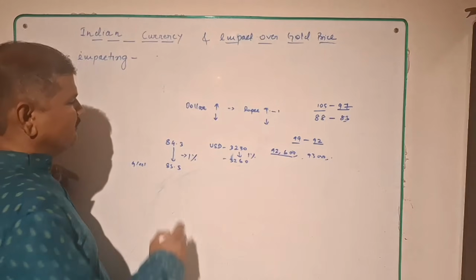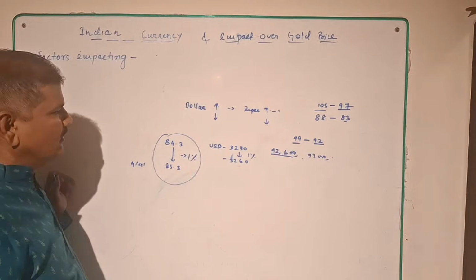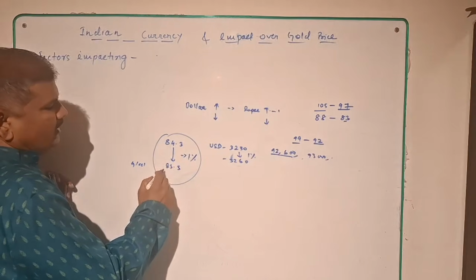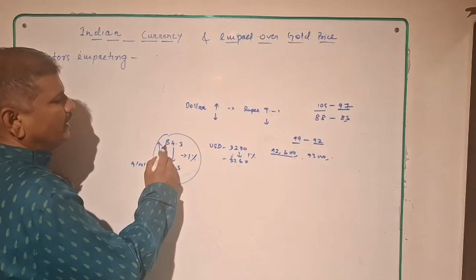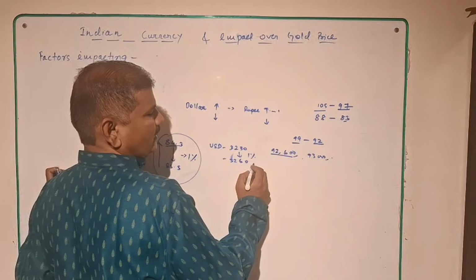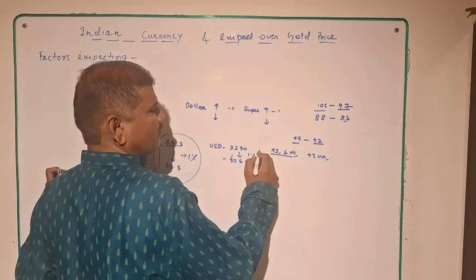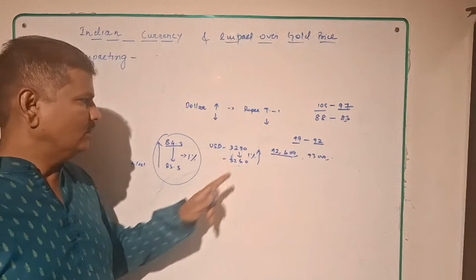Okay, it was very important. During the day, again the rupee depreciated and came down to 84.3, and the value of gold depreciated and came down to around 3230.